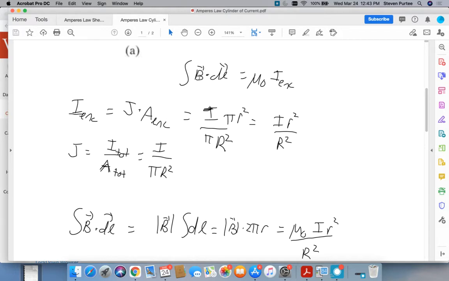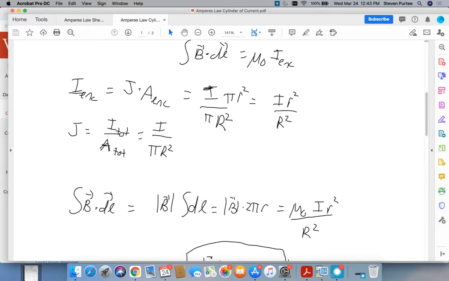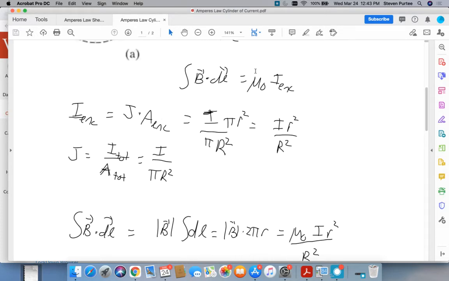So the left side, B dot dl, because B and dl are parallel, and because B is constant along that circle, I can factor out the B. The integral of dl is literally just the length of the curve, 2 pi little r, and that's supposed to equal mu naught times that I enclosed, that right there.